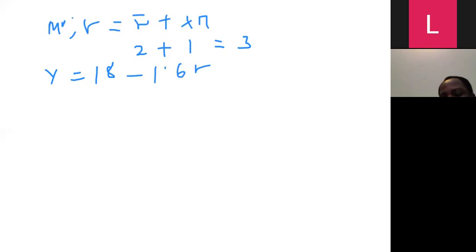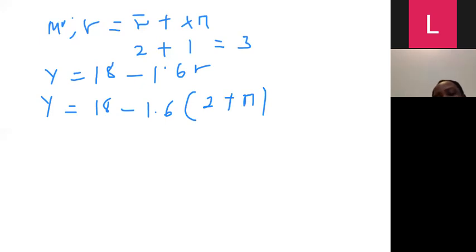And now we are saying that R is equal to 3. So we say Y equals 18 minus 1.6 into brackets 2 plus inflation, right? We know that inflation is always 1, so that means it equals 3 in this case.